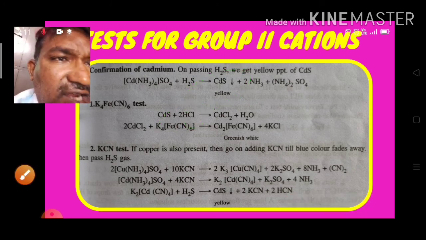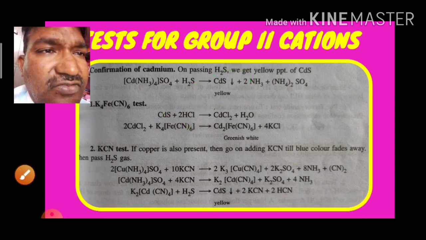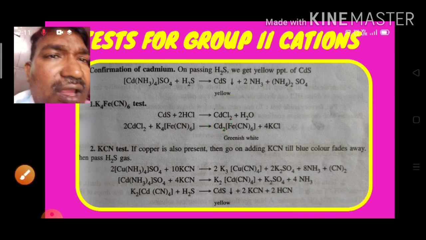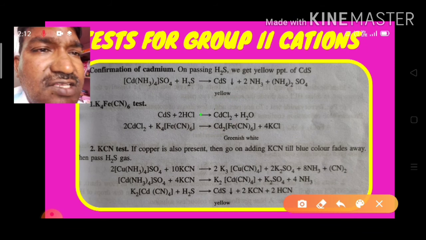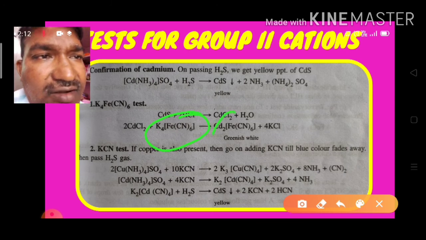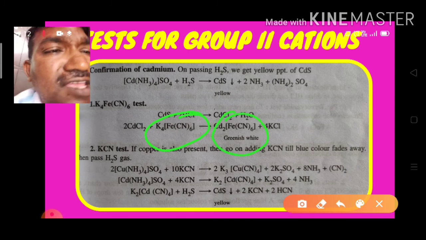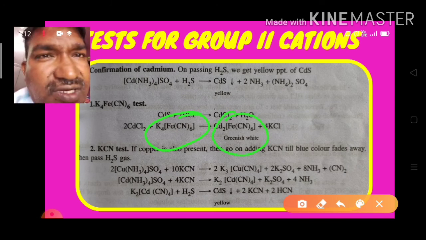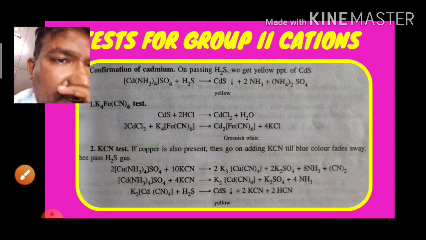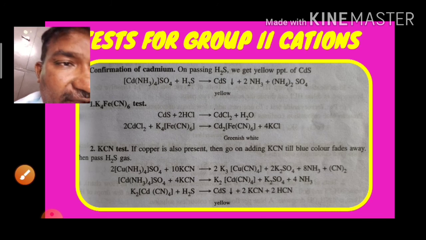When HCl is added, cadmium sulfide dissolves in the form of cadmium chloride. When potassium ferrocyanide is added to this, we get cadmium ferrocyanide, a greenish white color precipitate. And here it is a KCN test, potassium cyanide.